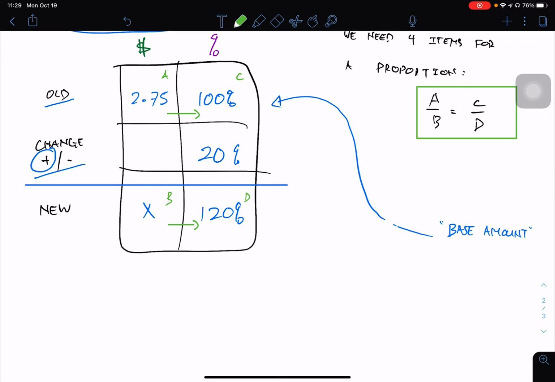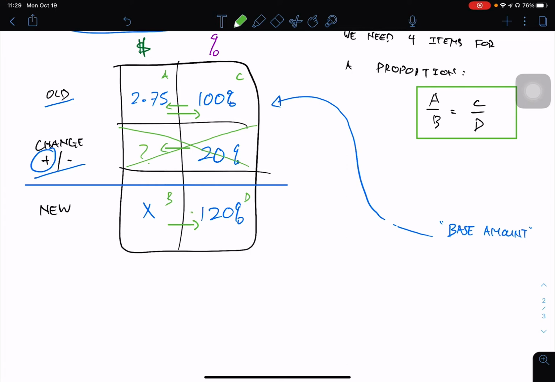Notice that if you looked on the right hand side for the percentage sign, you saw 100% you can use because it has a neighbor of 2.75, but you can't use the 20% because there's no neighbor there. It's unknown, so you can't use this column at all. So if anything, you can cross it out. It was more there to guide you to set up your proportion.